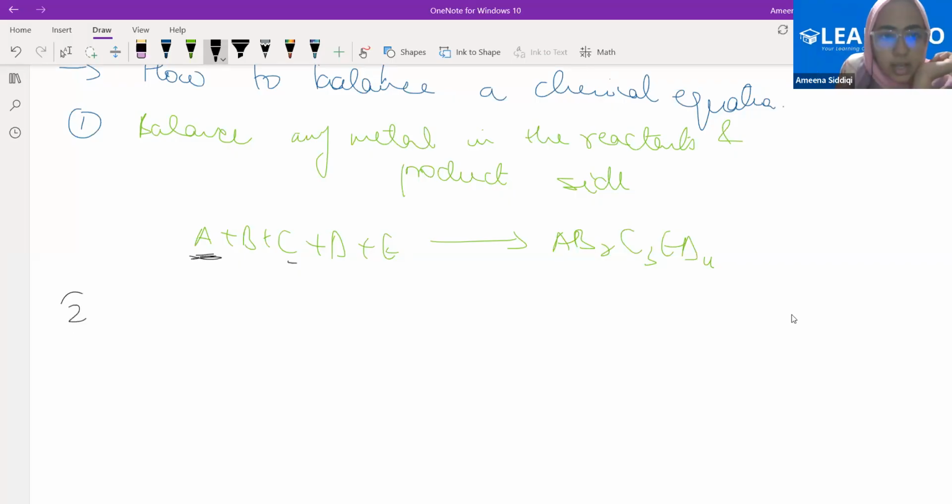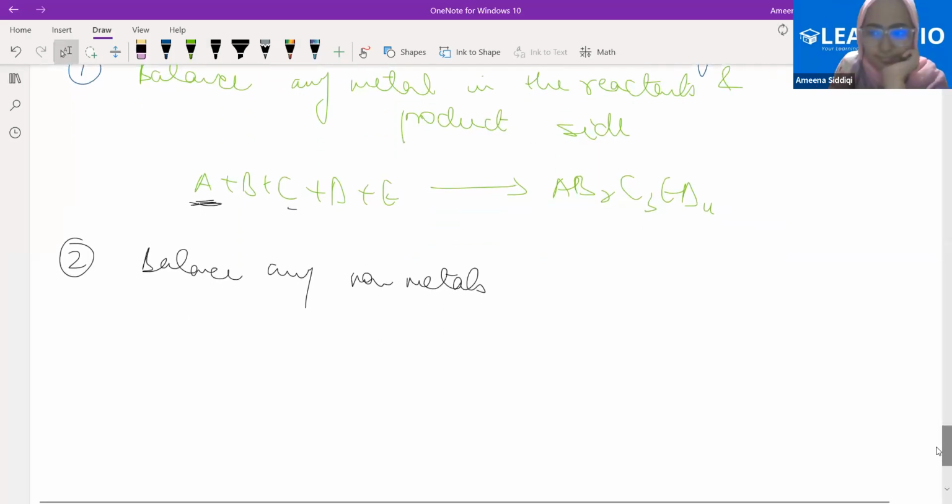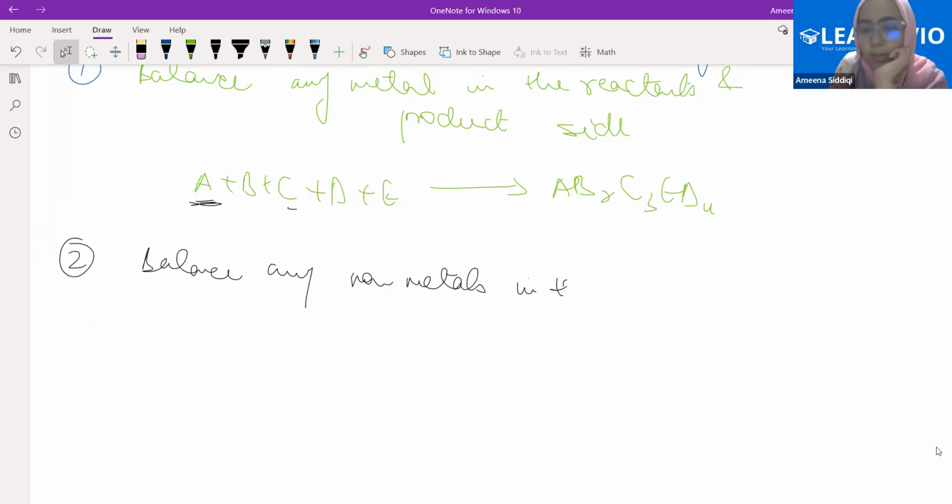Now coming on to the next point, beta, we have to balance any non-metal. I hope you are clear with the metals and the non-metals, beta. No worry, I'll give you the examples. Elements that generally have a negative charge overall, that means they tend to gain electrons, are referred to as non-metals.